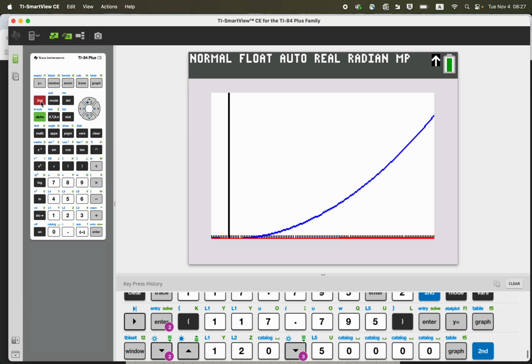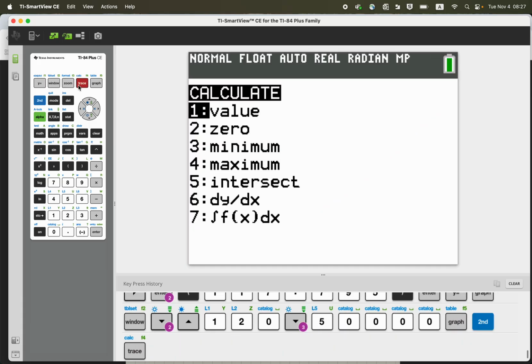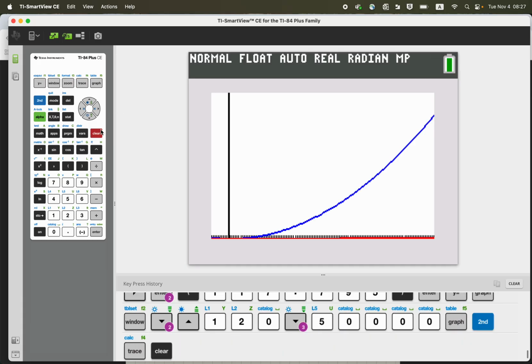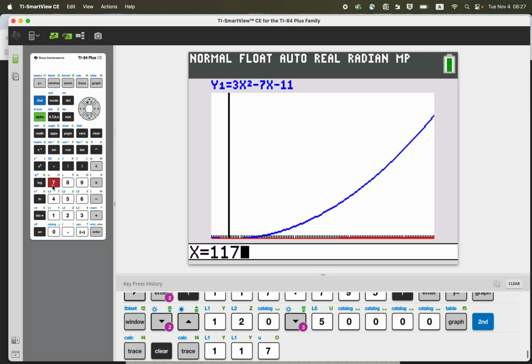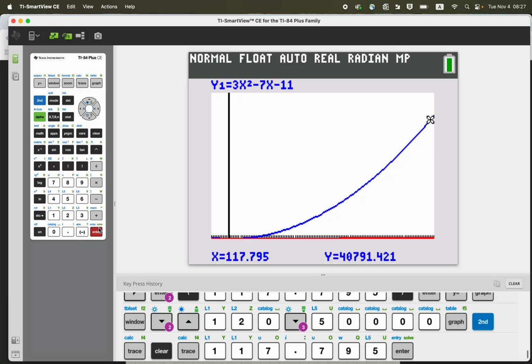Let's just try that. Second calc, sorry, clear, I said the wrong thing. Trace 117.795. There it is. It's right on the outside, but 4791.421.